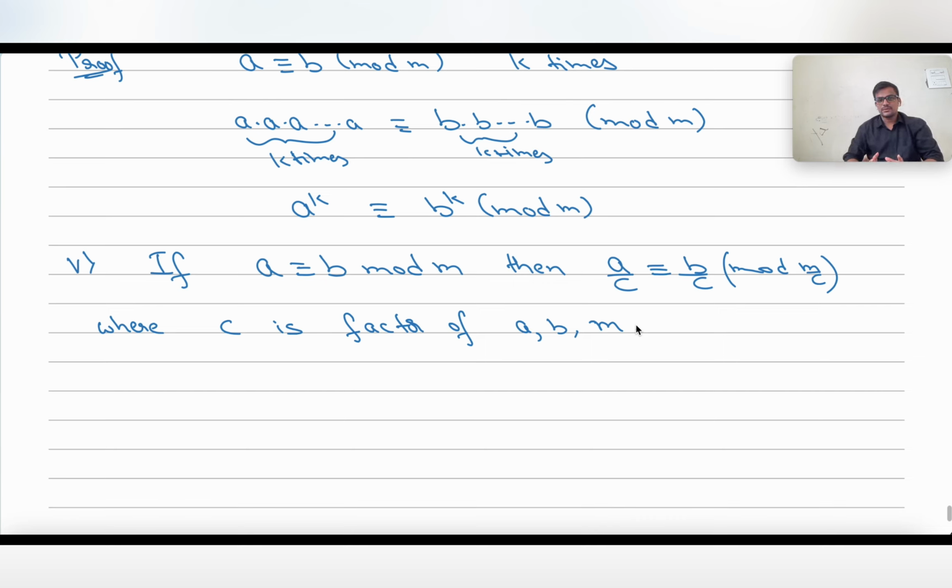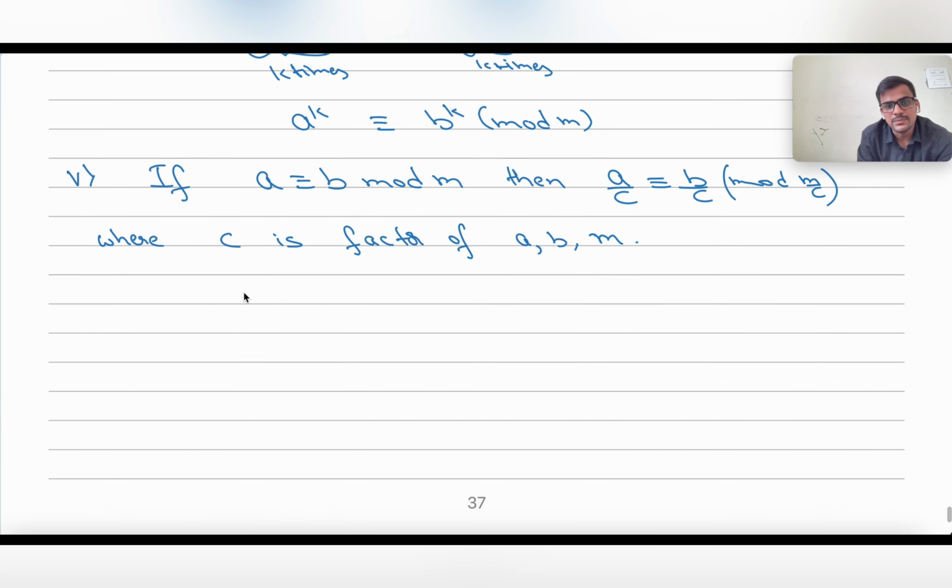If we have numbers A, B, and M, and C is a common factor of all three, then if I divide all three by C, they will maintain the congruence property, right?